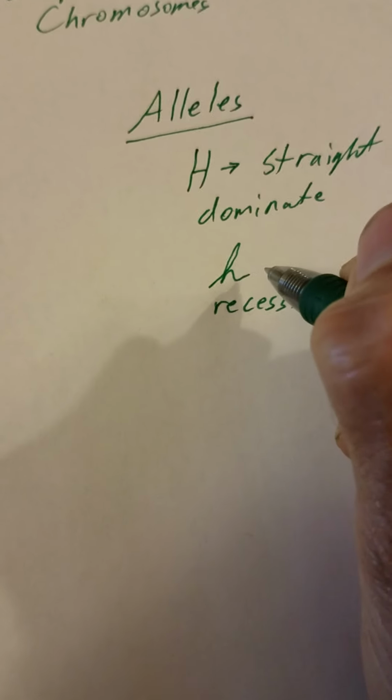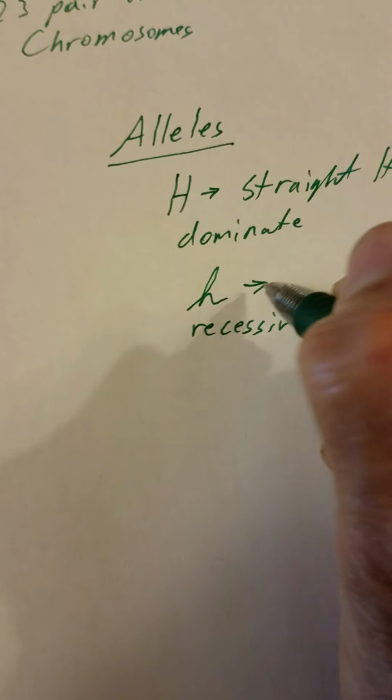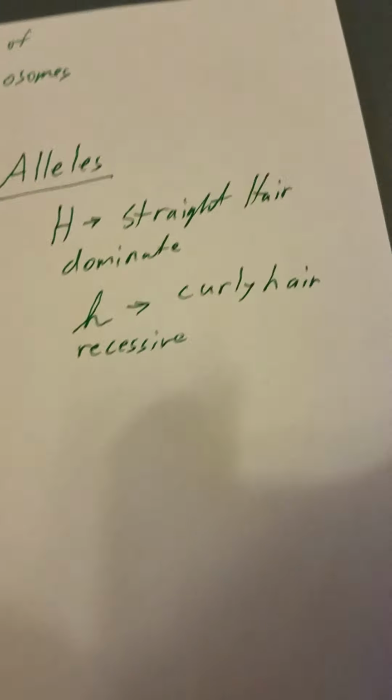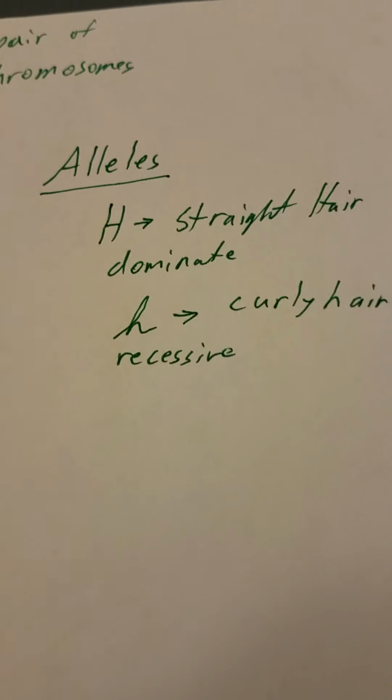And the recessive allele, we will write it as a little h, and it codes for curly hair. In this little world we're living in, for an example.